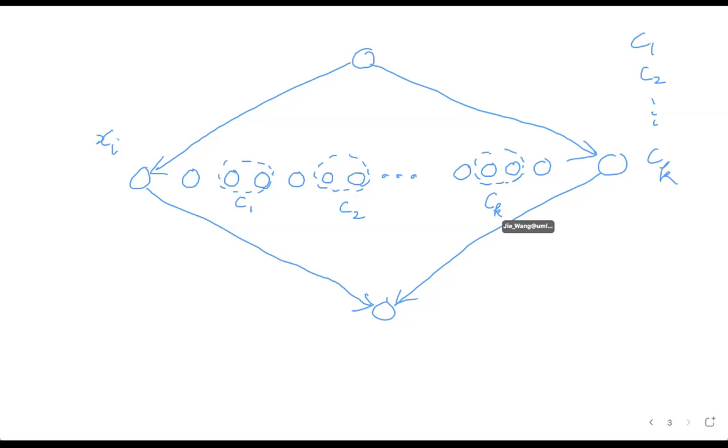Okay. So then how do we connect these nodes? So the nodes, we connect them like this. And so we can go from left to right, and we can also go from right to left.